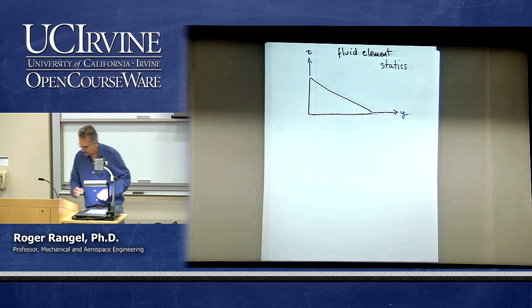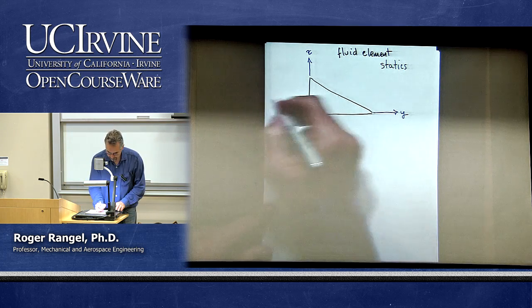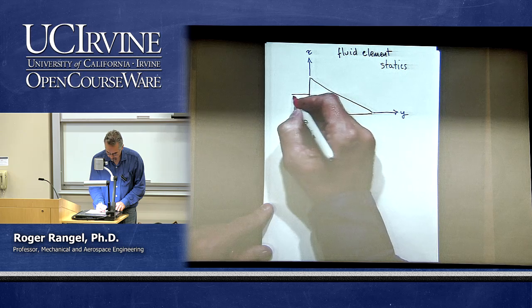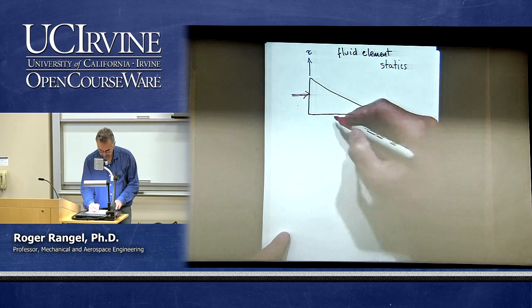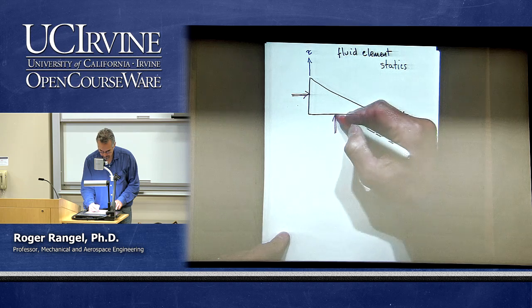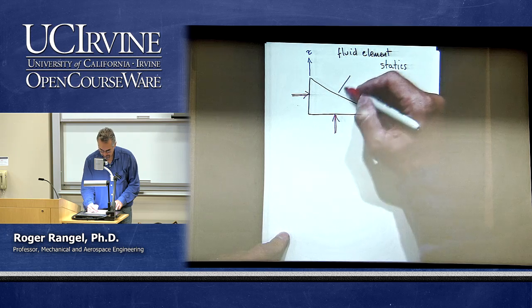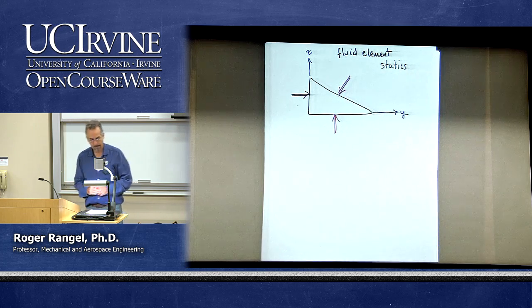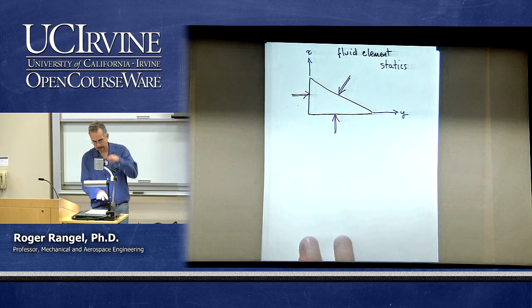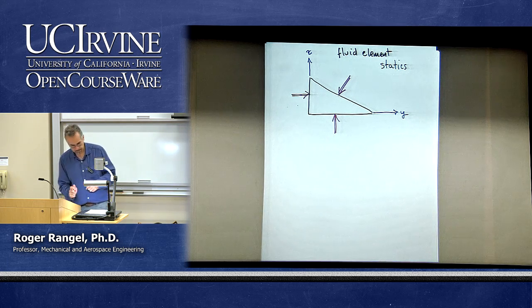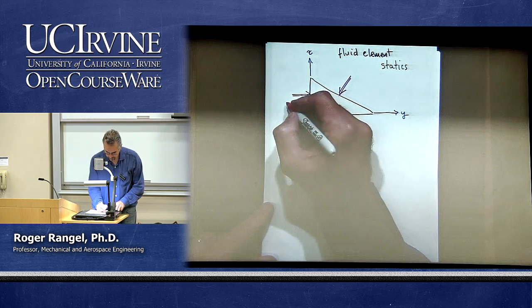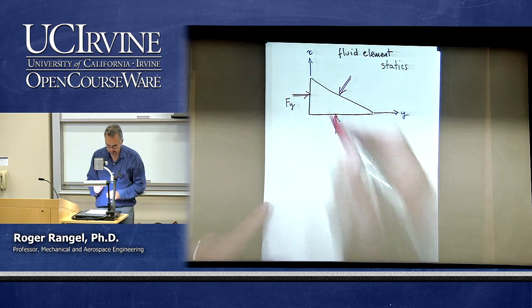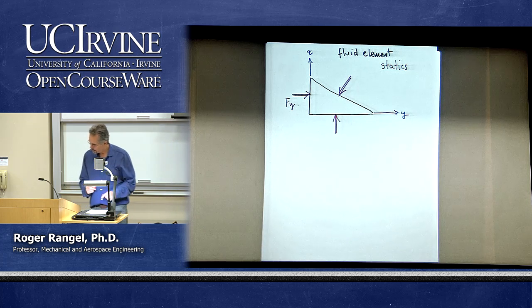So I'm going to put some forces on it. The fluid that is to the left will produce a force. The fluid that is to the bottom will produce another force here, and the fluid that is over here will produce another force. I'm not going to worry about the directions that are normal to the paper. So what are all of these? Let's give them names. Let's call this one F sub y, because it's in the y direction.